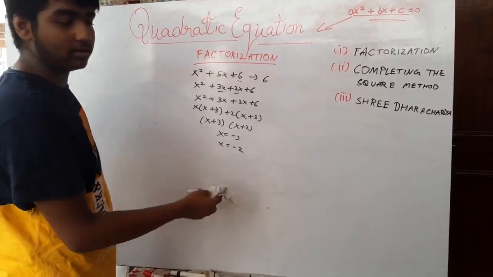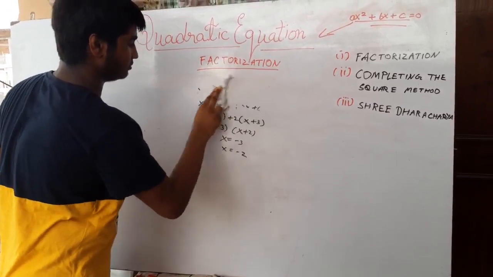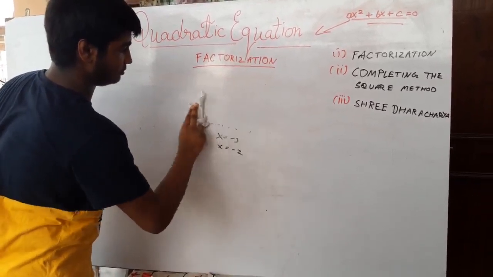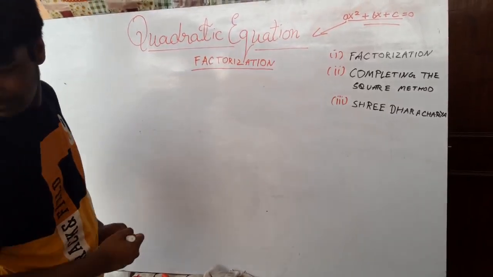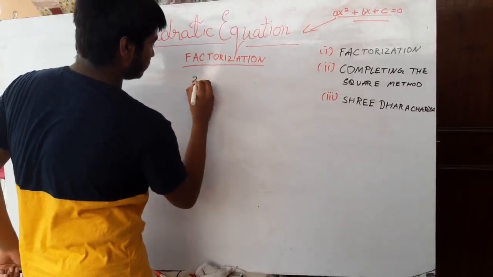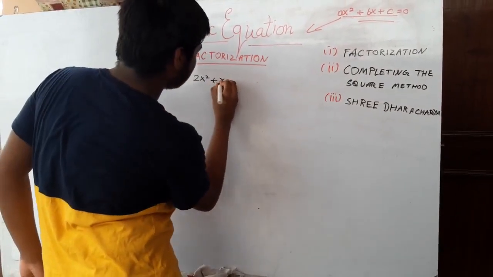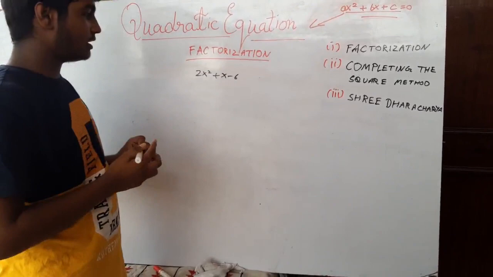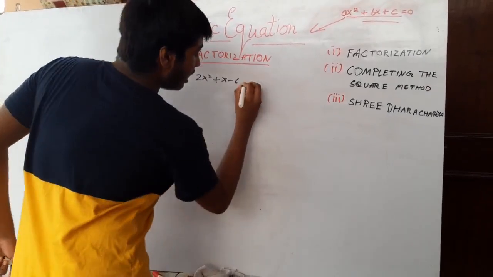Let me show you another one. The other example is 2x² + x − 6. How do we need to do it?